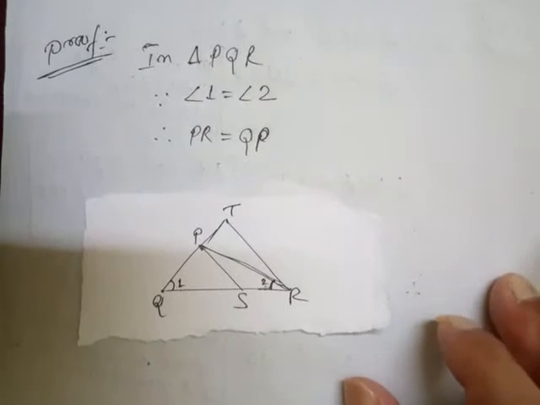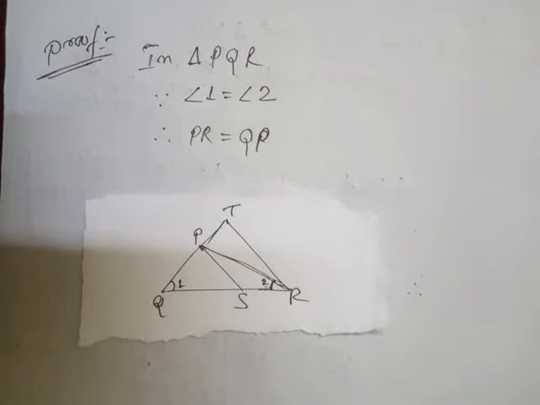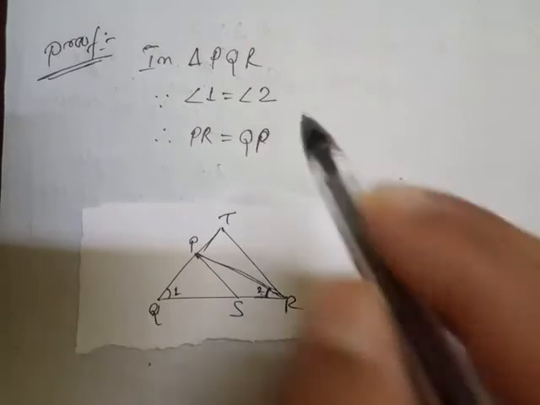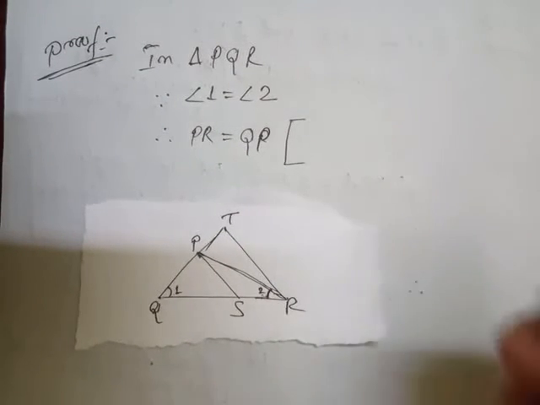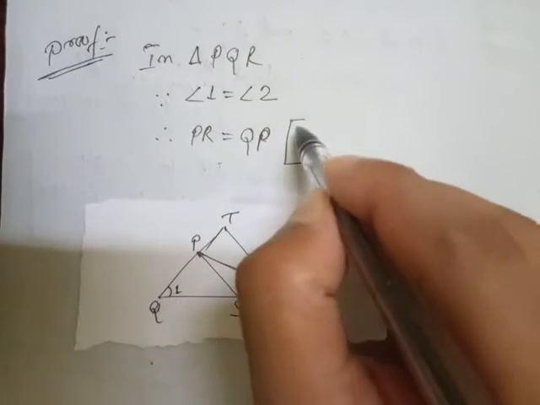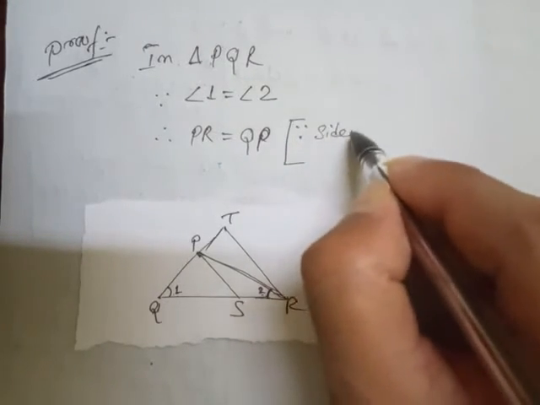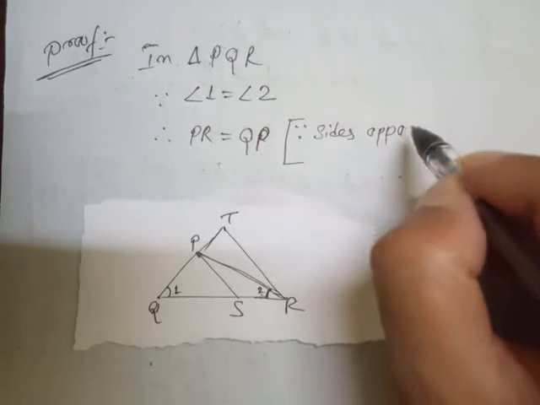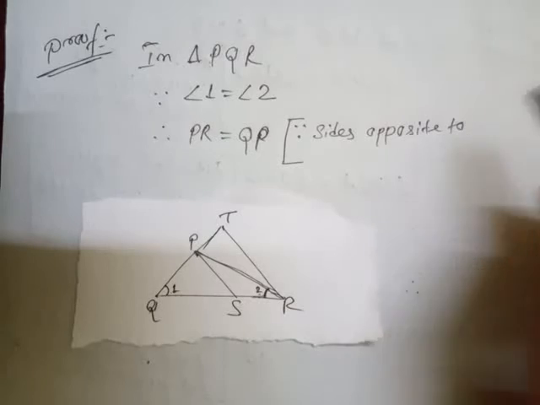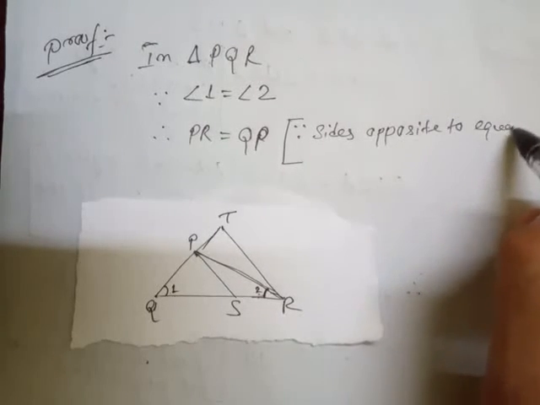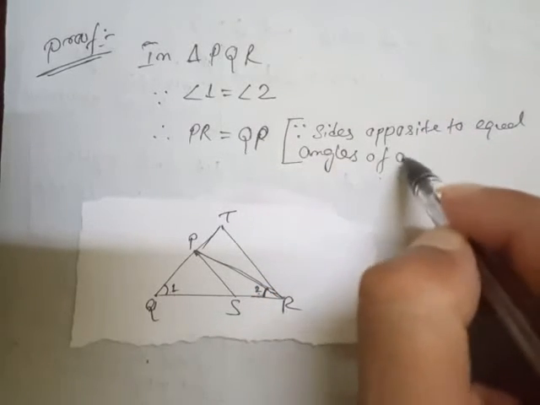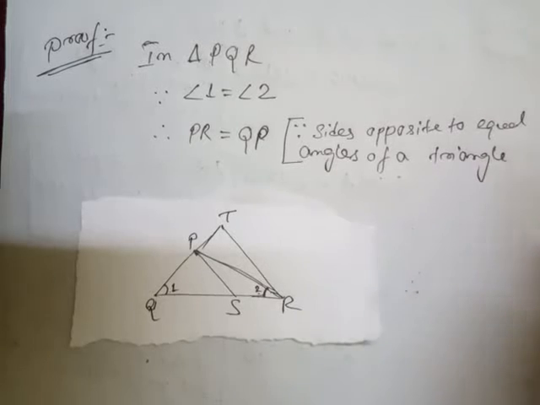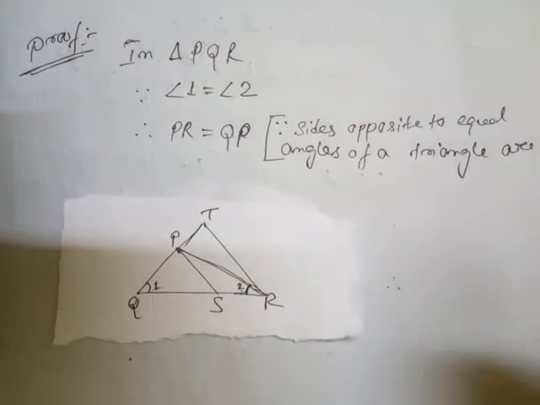The reason is a theorem you have learned in class 9, probably theorem 7.2: sides opposite to equal angles of a triangle are equal.